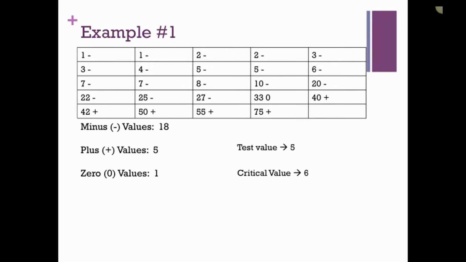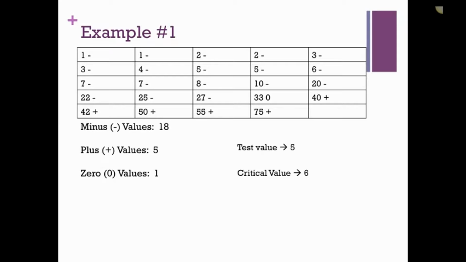So based on the procedure for our sign test, the first thing that we're going to do is go through our data and assign each value a plus or a minus symbol or that 0 value based on where each number falls in relation to 33 on a number scale.